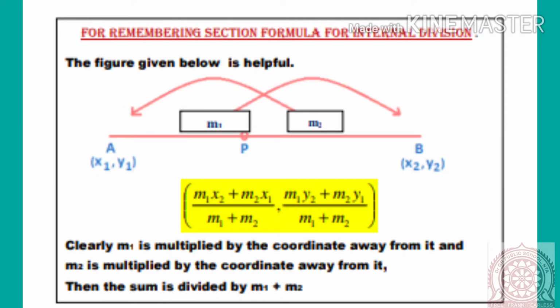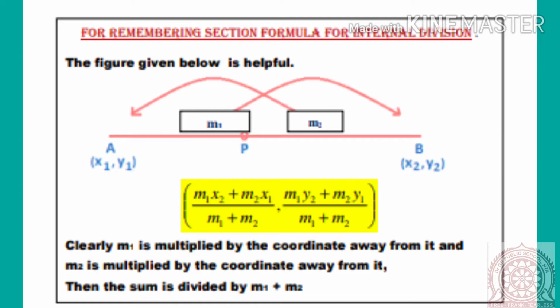Now, instead of simply by-hearting the formula as (m1 x2 plus m2 x1) divided by (m1 plus m2) and (m1 y2 plus m2 y1) divided by (m1 plus m2), listen to the statement I am going to say about the section formula.